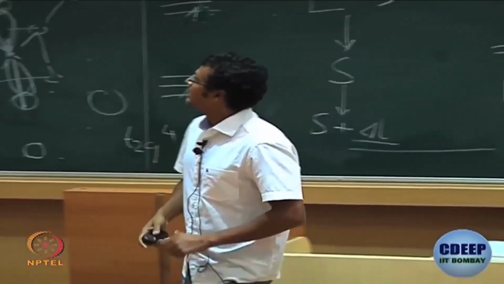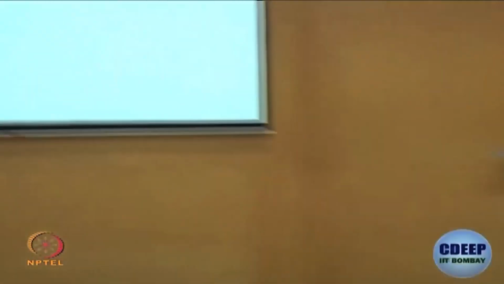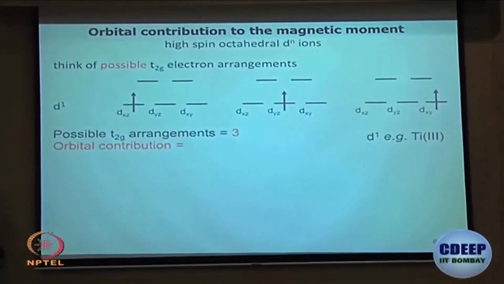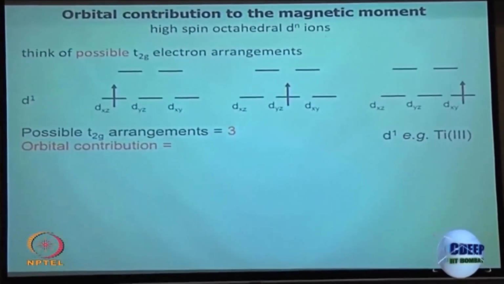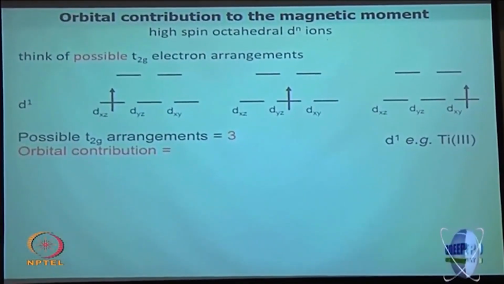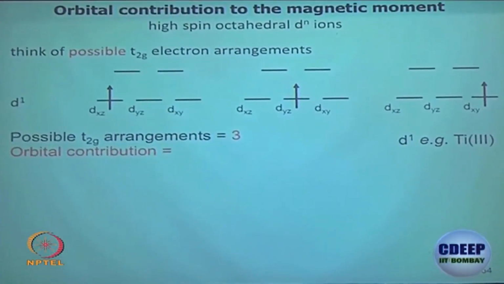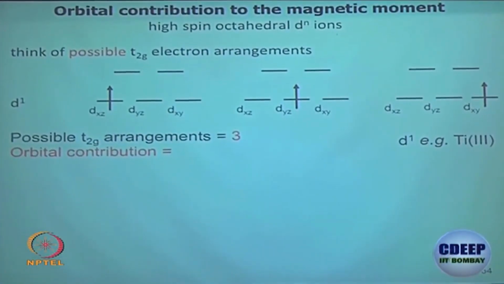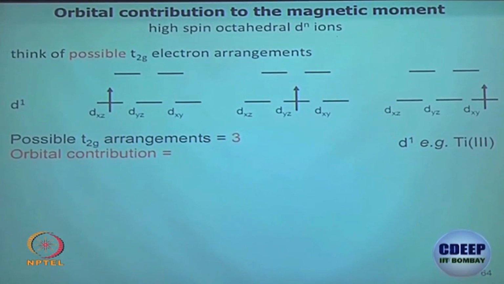Okay. Now orbital contribution to the magnetic moment. Once again, magnetic moment is spin plus orbital contribution. Orbital contribution is usually 0. Orbital contribution can come when it is something like this. Okay. T2g electron arrangement, right?